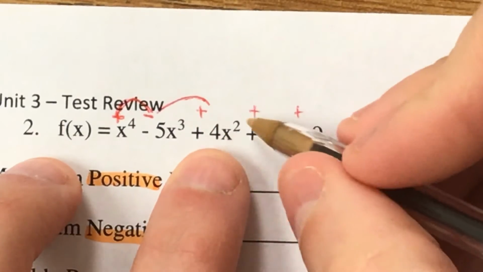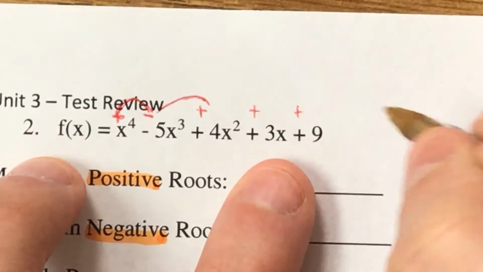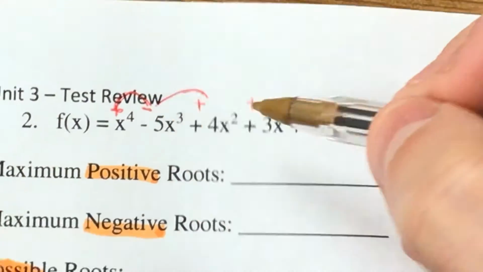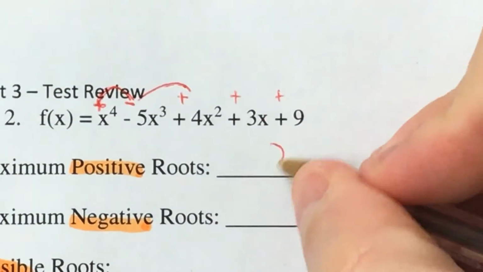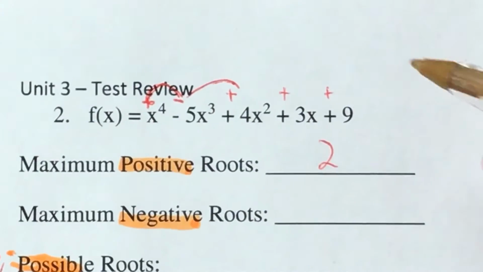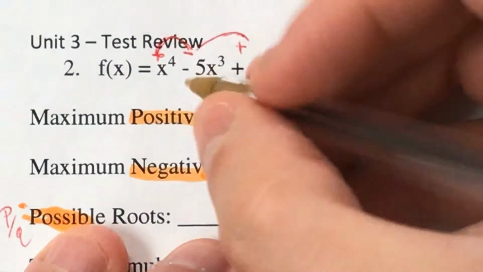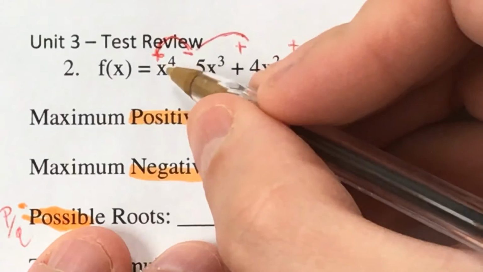This does not change. This does not change. And that's it. So it changed here. It changed here. That is a total of 2 times it changed. So the maximum amount of positive answers here will be 2. It could be less, but there could be 2. There's definitely not more.